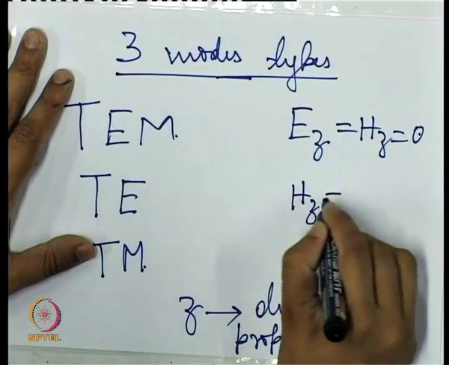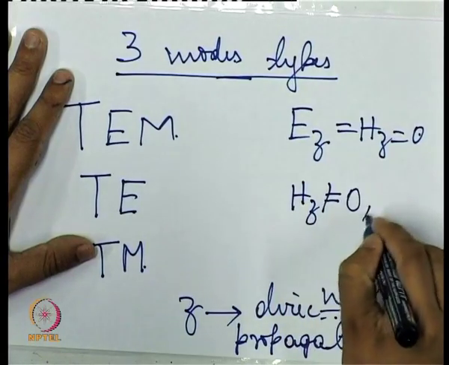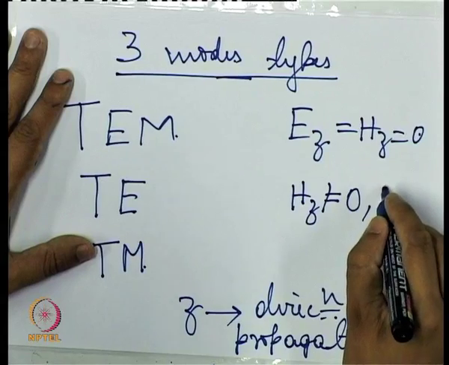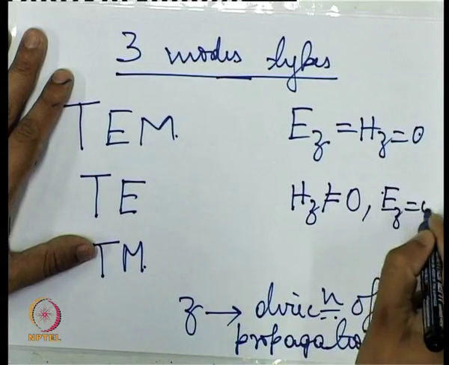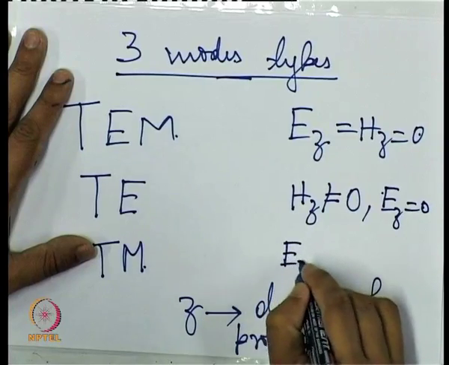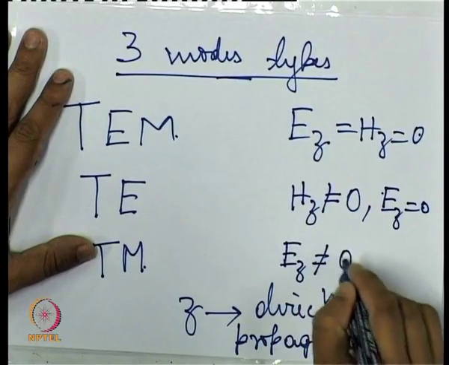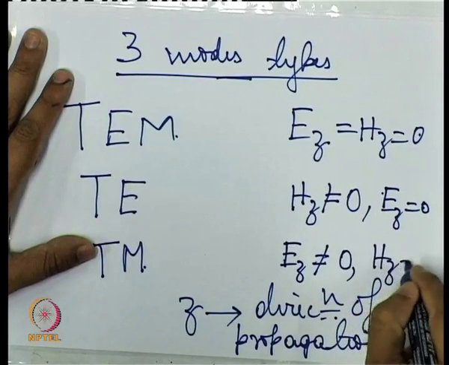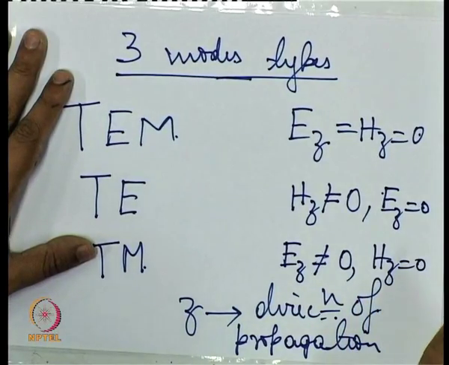TE modes are where Hz is not equal to 0, Ez is equal to 0, and TM modes are where Ez is not equal to 0, but Hz is equal to 0. Now, it is always true that there is a single TEM solution.